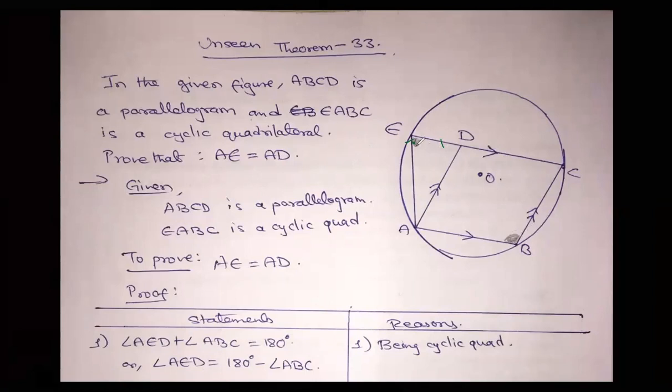Their sum is equal to 180 degrees. So AED plus ABC equals 180 degrees. What do we need? We need this angle. That's why let us keep AED, and send the plus to the other side, so it will be a minus sign. Okay, so plus goes this side, it will be a minus sign. No problem. So let us go to the next clip.